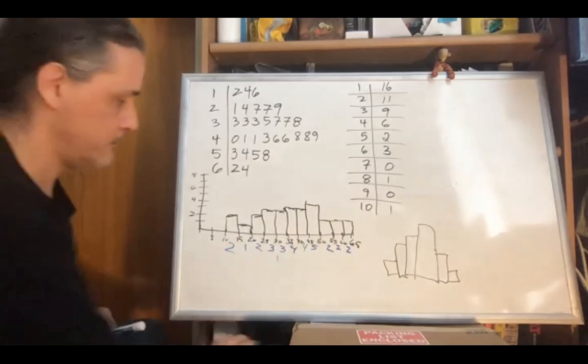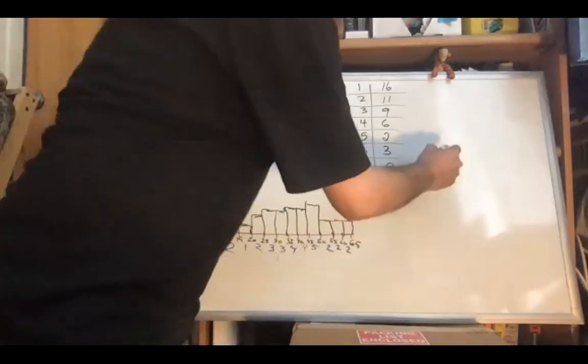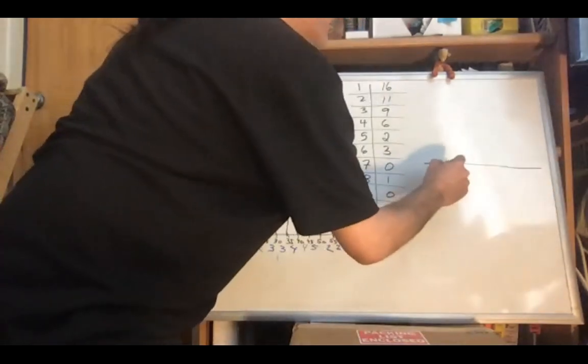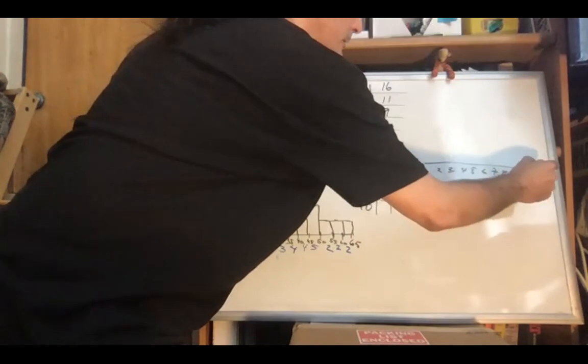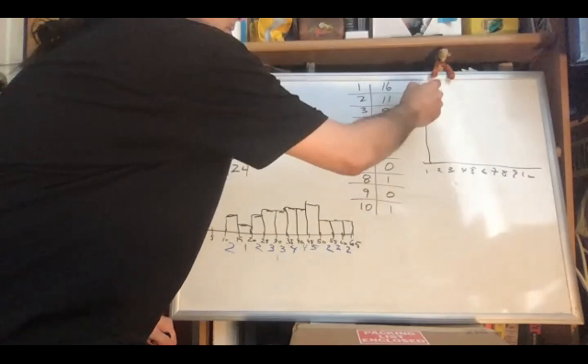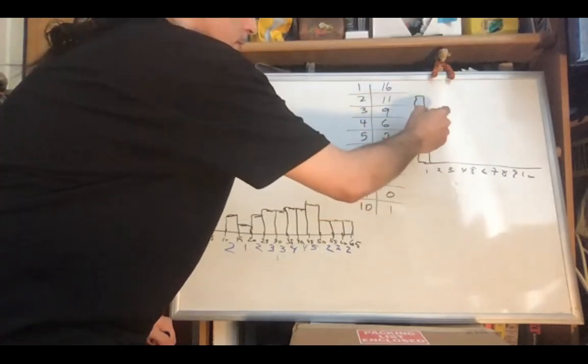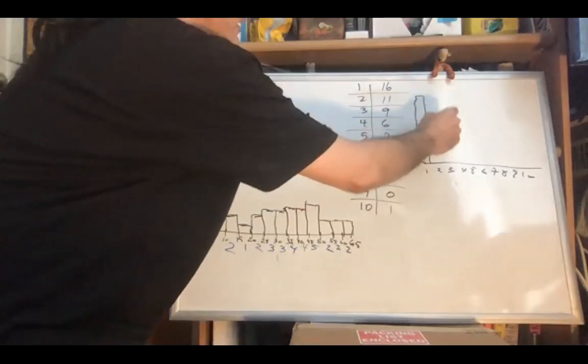All right. And then this one's probably a little more obvious. So 1, 2, 3, 4, 5, 6, 7, 8, 9, 10. And you don't have to be fancy. I'm just going to say that's 16. That would be half. So 11's a little bit more, so I'll just do that.